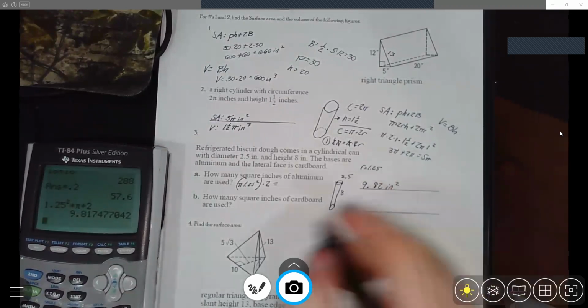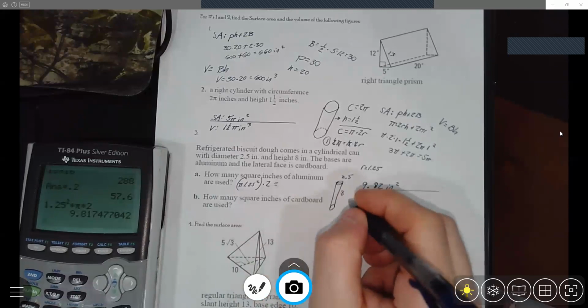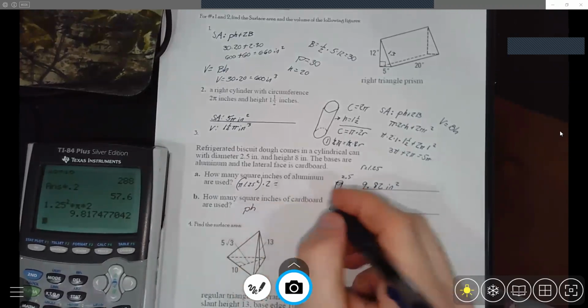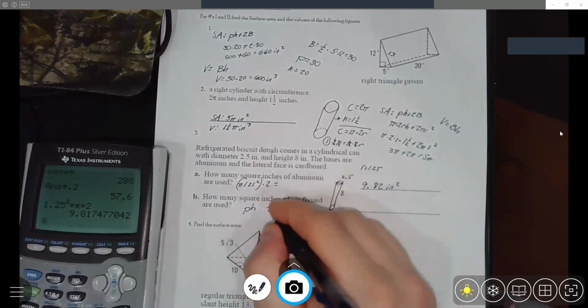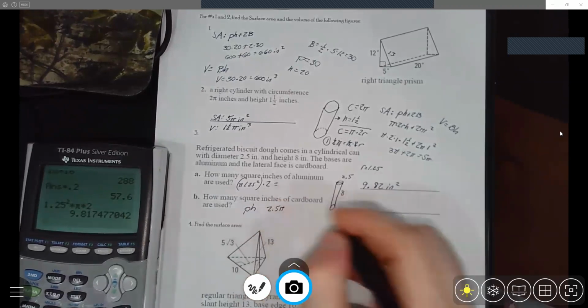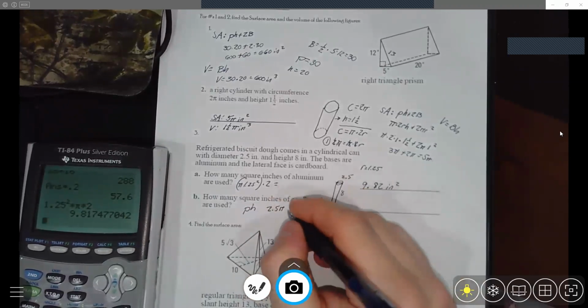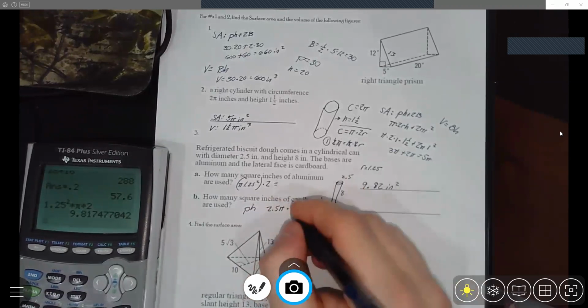Then how many square inches of cardboard? So that's the lateral area. And so there, to find the lateral area, you take the perimeter of the base times the height. So the perimeter of the base is going to be 2.5 pi, right? The diameter is 2.5 times pi. And then multiply that by the height, which is 8.